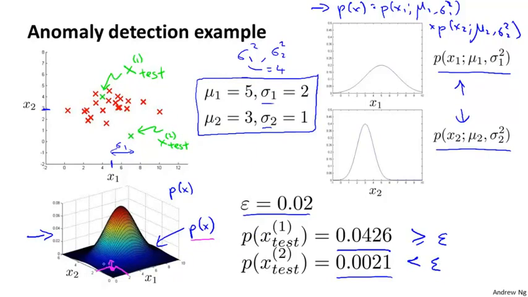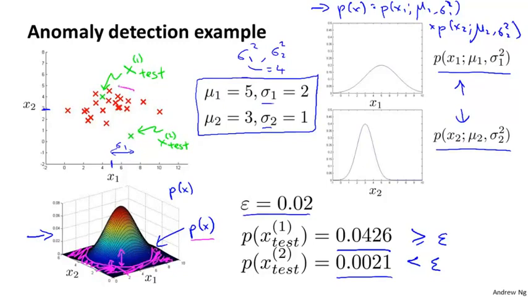And in fact, what this is really saying is that if you look at this 3D surface plot, all the values of x1 and x2 that have a high height above the surface correspond to a non-anomalous, or okay, or normal example, whereas all the points far out here have very low probability, and so we're going to flag those points as anomalous.